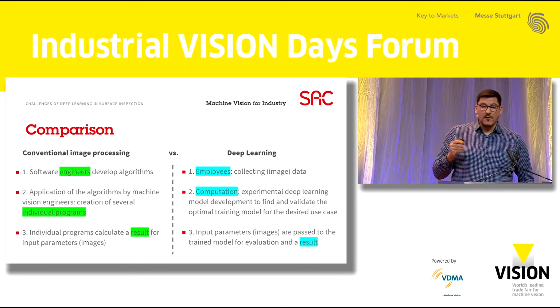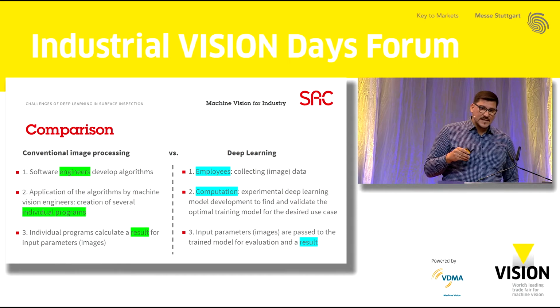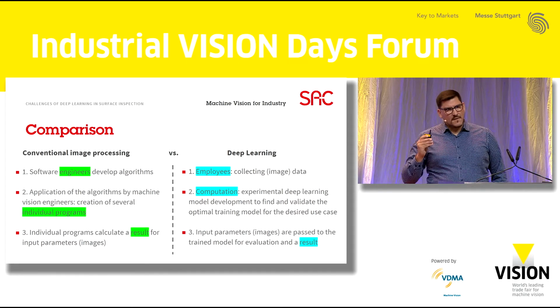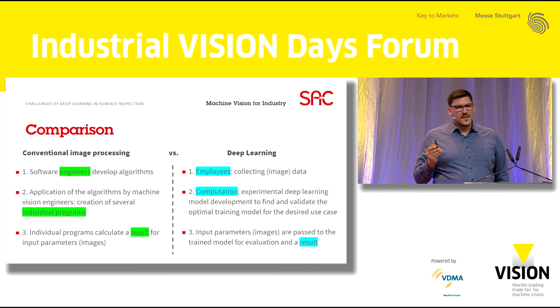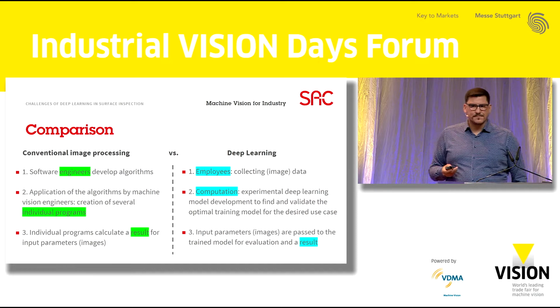Finally, input parameters, so images, are passed to the trained model for evaluation, and we get a result. But in this case, it's really hard, to almost impossible, to find out how the result came about. So you can say you just have to trust the trained model.